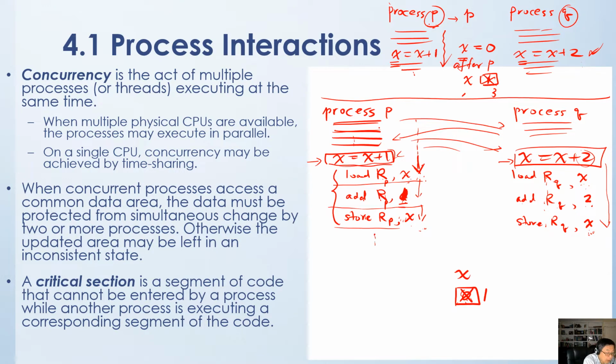And then you continue, and maybe you switch to process Q, and process Q executes the other instructions until it reaches that one. But in this case, when you load X, the value of X is 1, and then you add 2 to the register Q, so 1 plus 2 becomes 3. So RQ contains the value 3, so it will store back to X. So X becomes 3, right? That's one of the scenarios.